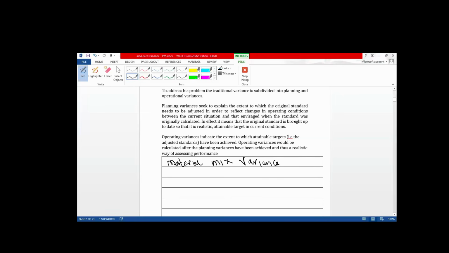Material mix variance is where the actual material mixture is different from standard material mixture.